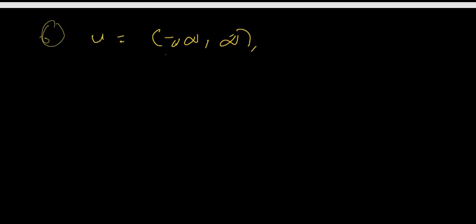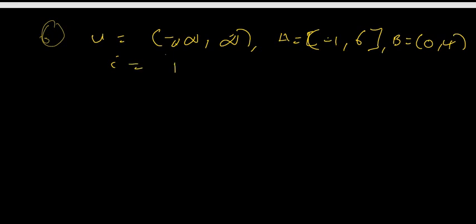Then we have A, where -1 is not included, and 6 is included. Then we have B, where 0 is not included and 4 is not included. Then we have C, where 4 is included and infinity is not included.